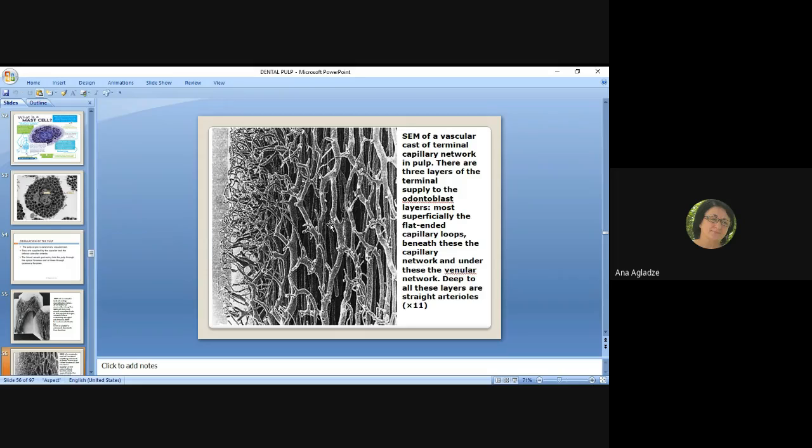The small capillaries have an internal diameter of only about 8 micrometers, which roughly corresponds to the diameter of RBCs or erythrocytes, which have a standard diameter of 7 to 8 micrometers.